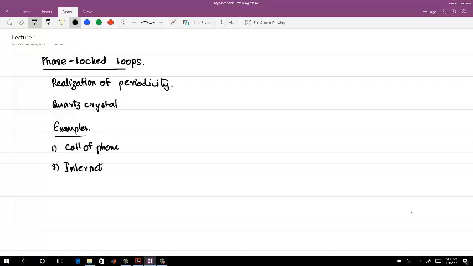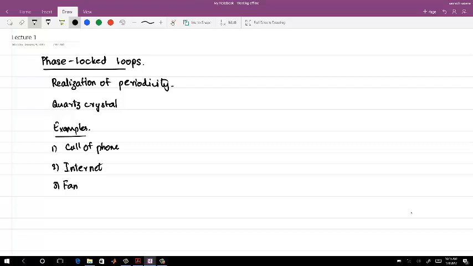So all these things are periodic in nature, or you can say they need some periodic element in their operation, and if they lose the periodicity, you find it disrupted completely. You find this system doesn't work fine, right?